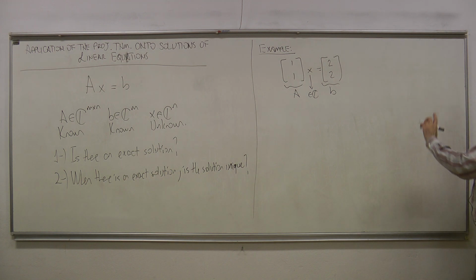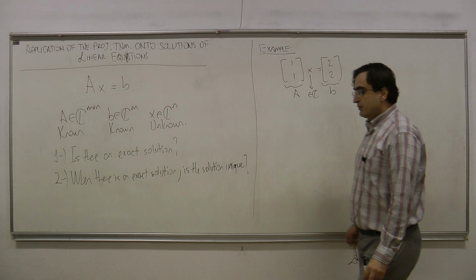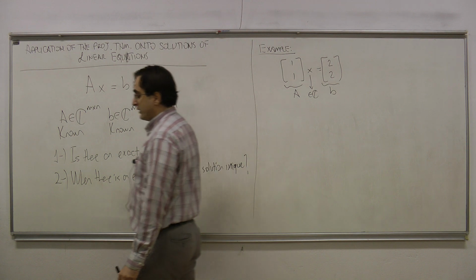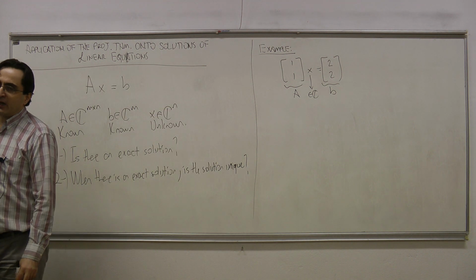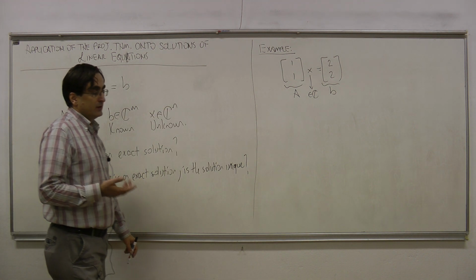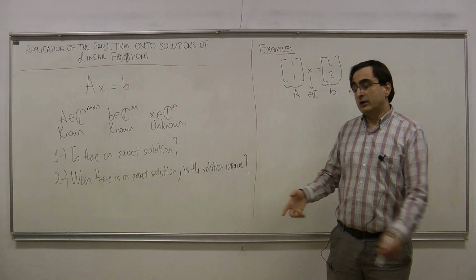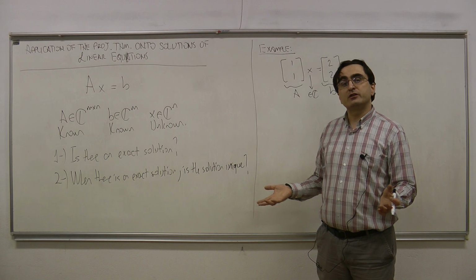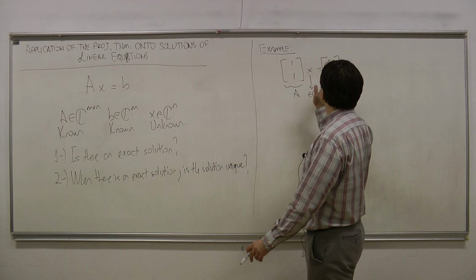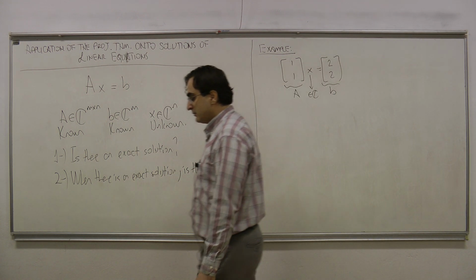So in this case, do we have any solution? We have to answer this question. And if we have a solution, is that solution unique or not? Or are there multiple solutions for the equation here? All right.